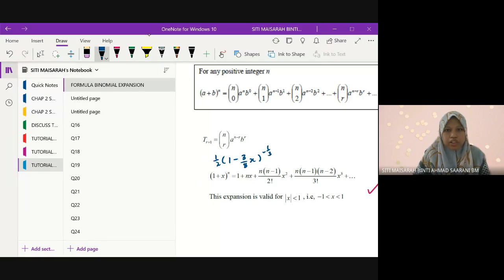The 1/2 is not related, discard the 1/2. The form is supposed to be 1 plus x, this is 1 minus 3 over 8x. So the x here is negative 3 over 8x, because this is plus. And then the n is negative 1/3. So substitute into this formula.